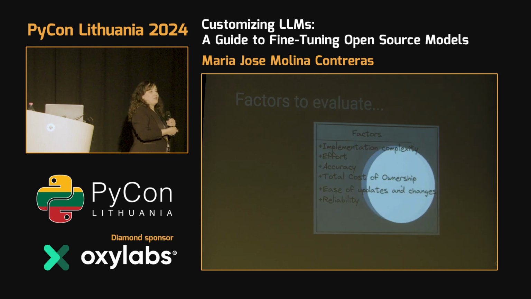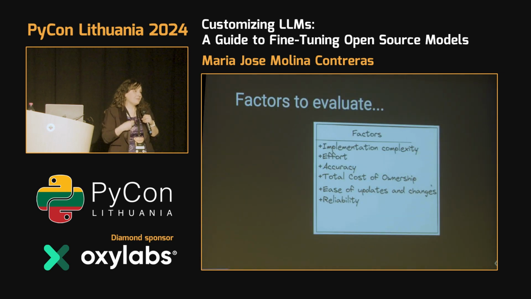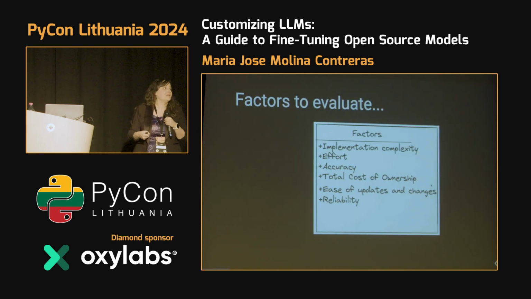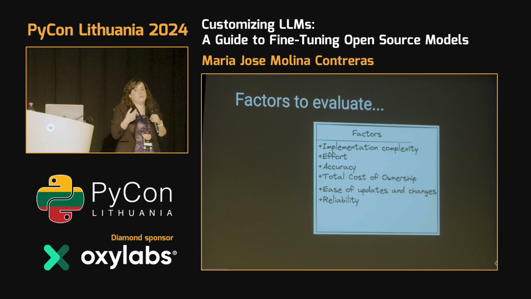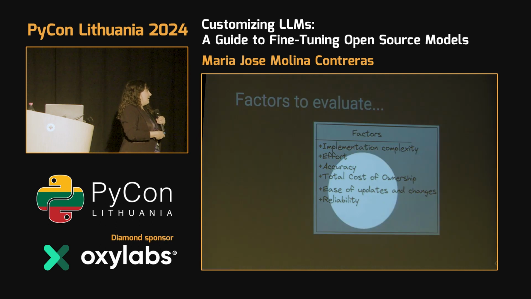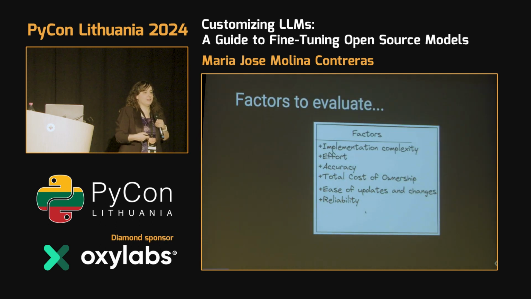How much cost is associated, right? Because you are going to need to invest some money, maybe, or maybe not. We are going to see that we can manage to do things without spending so much money. And how reliable is your system?